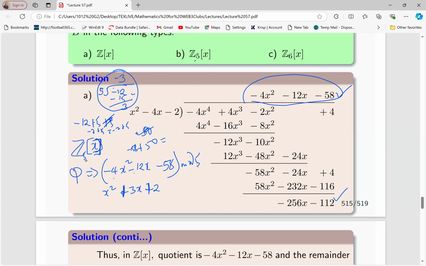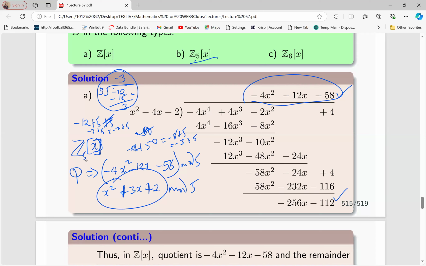So that leaves you negative 8. Then you add another 5, you have negative 3. Then you add another 5, you have 2. The remainder will be 2. So this is the quotient mod 5 in Z5. What about the remainder?